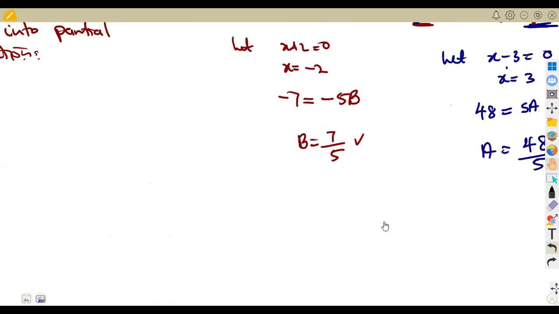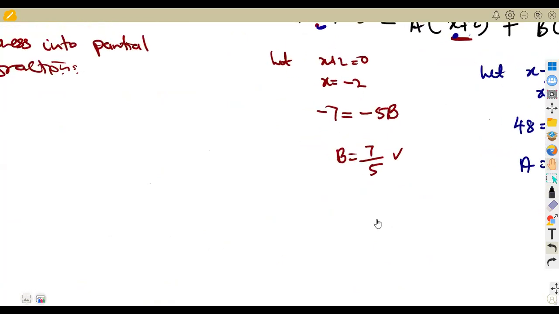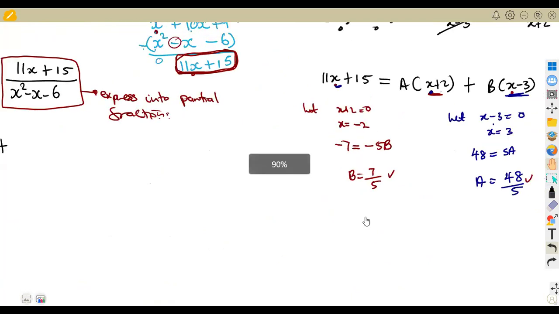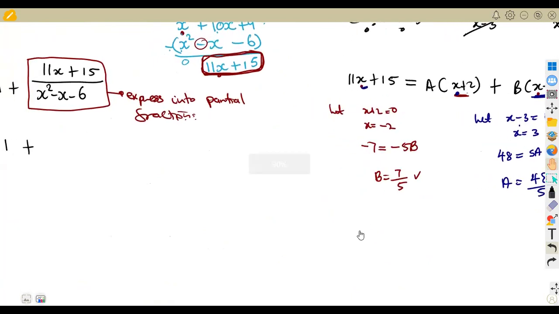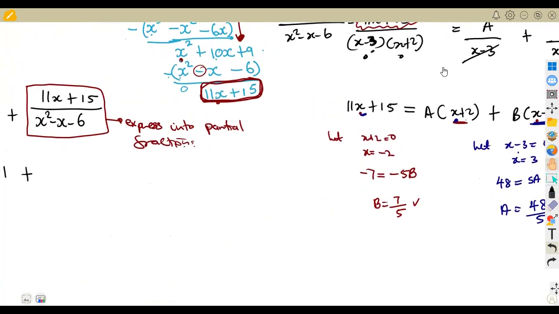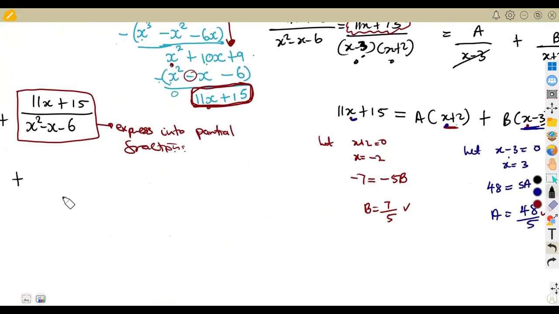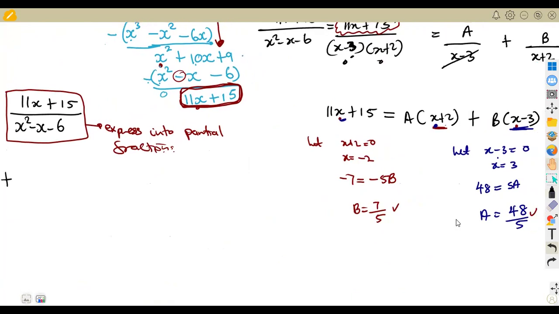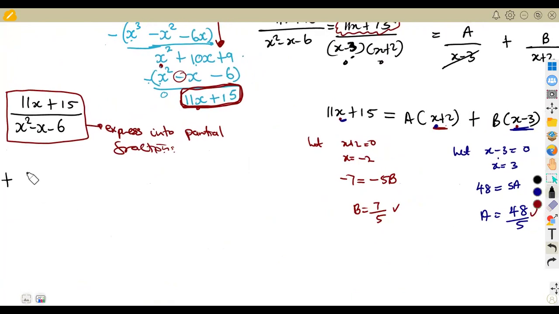So we're going to take this. Let me reduce a little bit here. A over x minus 3, so it's plus our a here, which is 48 over 5, over x minus 3.